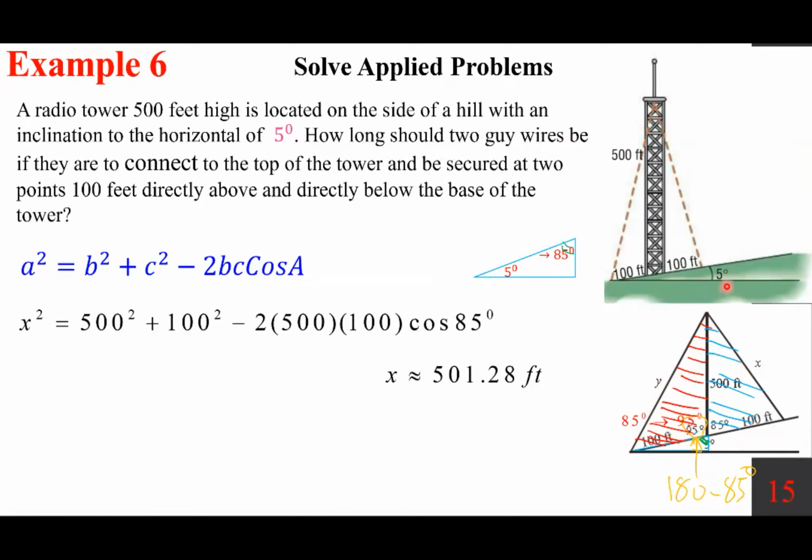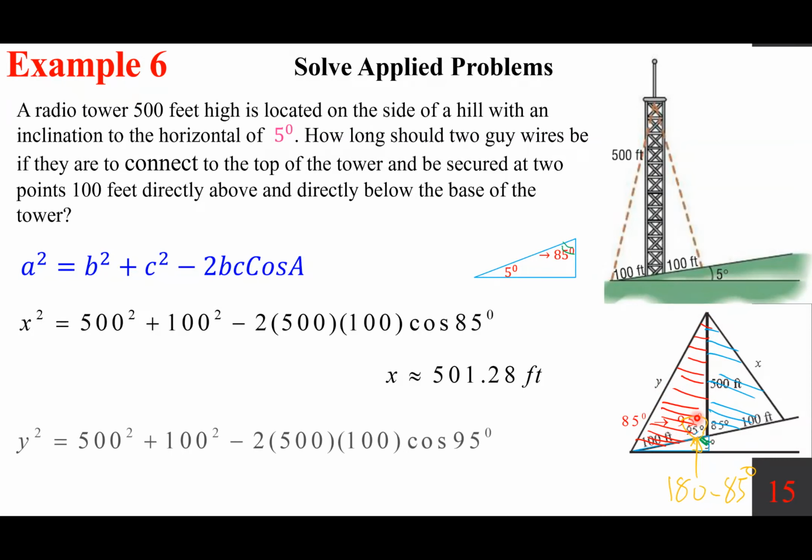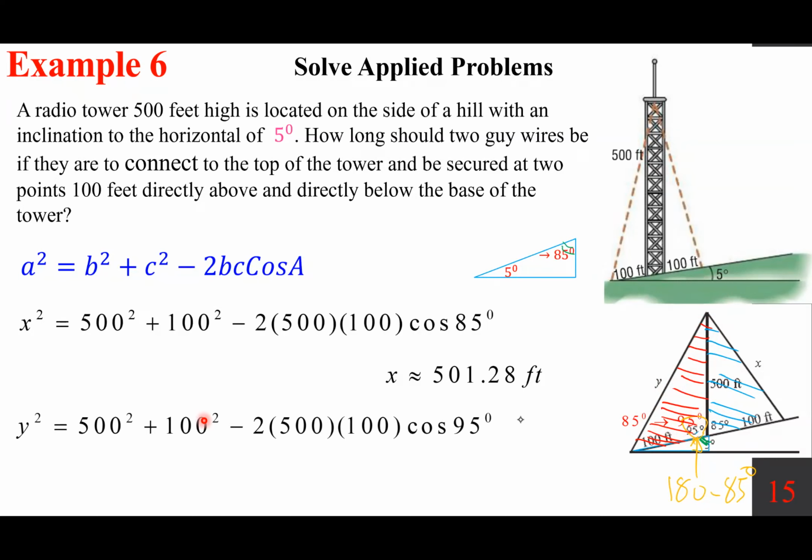We can find Y. So Y squared is this side squared, 500 squared, plus this side squared, 100 squared, minus 2 times 500 times 100 cosine of 95 degrees. And of course, use a calculator again. Find Y squared, take the root, and the value of Y becomes 518.38 feet. That's how you calculate.